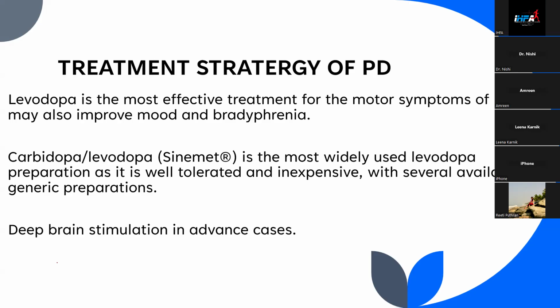Then there is carbidopa, the most widely used levodopa, which is well tolerated by patients. In many conditions, the levodopa has to be taken twice or thrice a day, depending on the condition and severity.